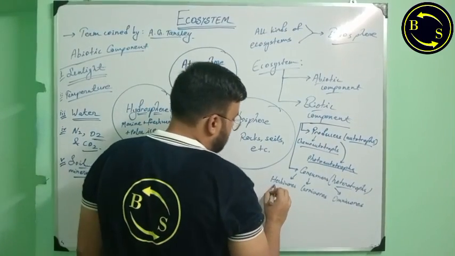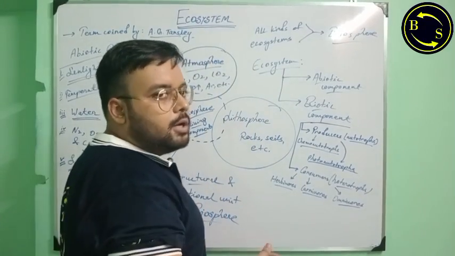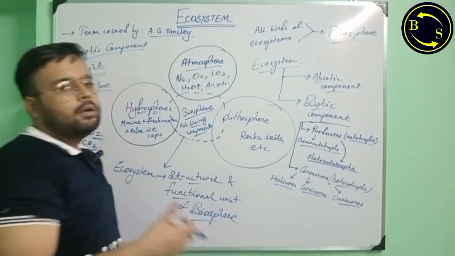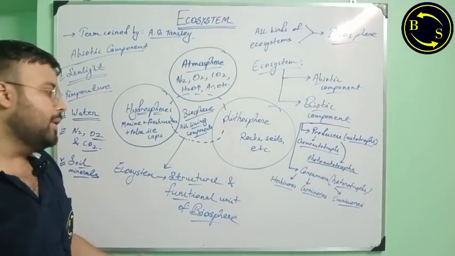Herbivores like deer, cattle, etc. Carnivores like wolves, lions, tigers, and omnivores like humans and bears.